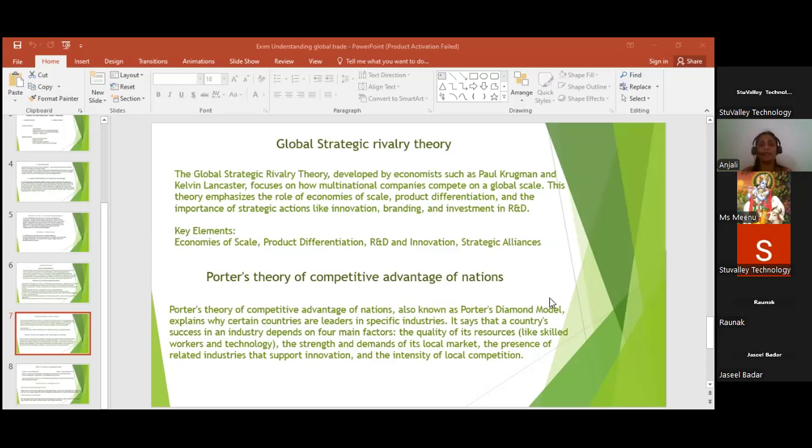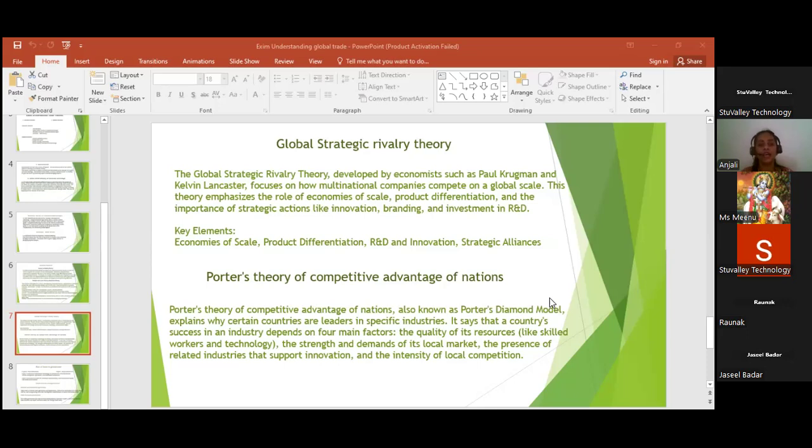For example, I would like to give you the global automotive industry, like Toyota and Volkswagen. These are two big brands whose economies of scale are very high. Both Toyota and Volkswagen produce millions of vehicles annually, allowing them to spread the fixed cost of manufacturing over a large number of units.